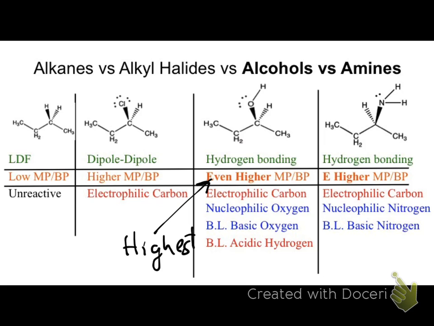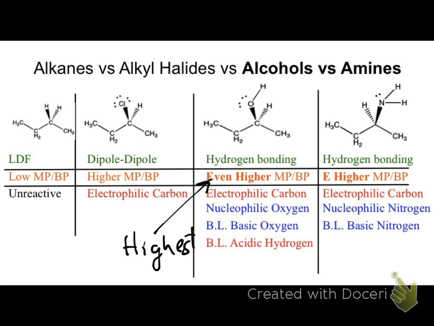We can go back through and now evaluate our reactivity as well, and that's what we'll end on. We still have that electronegative element, so we still have an electrophilic carbon. That nitrogen still has a lone pair, so it's still nucleophilic. It's still Bronsted-Lowry basic, but you'll notice I did not put in the acidic hydrogen. Nitrogen has changed its electronegativity enough that it is no longer acidic.